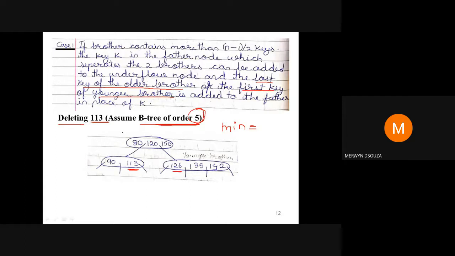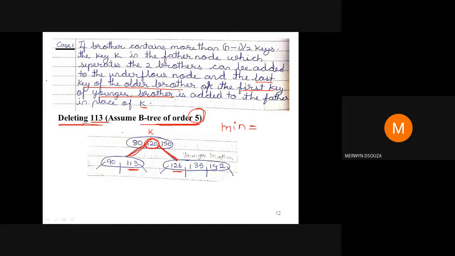Here k is nothing but this value which separates the 2 brothers. All the values here are less than 120, all the values here are greater than 120. So k is nothing but this 120. I'll show you in the next slide how we are deleting 113.